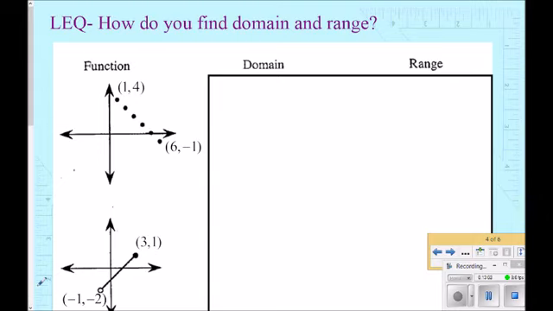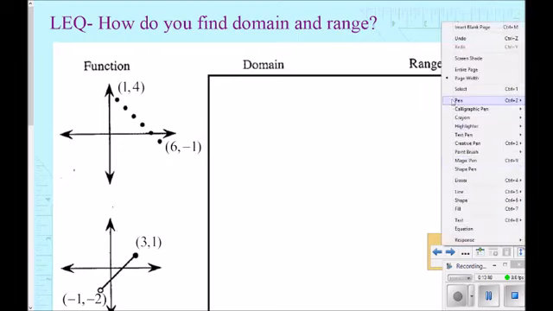So if I were to describe the domain as starting at 1 and ending at 6, that would be incorrect because that means all values between 1 and 6, like 1.1 and 1.2 and 1.17 and 1.888. Well, I don't have x values at those spots. I only have x values at 1 and 2 and 3 and so forth. So I would not want to write an inequality here. On the other hand, I would just want to write the individual x values of this graph.